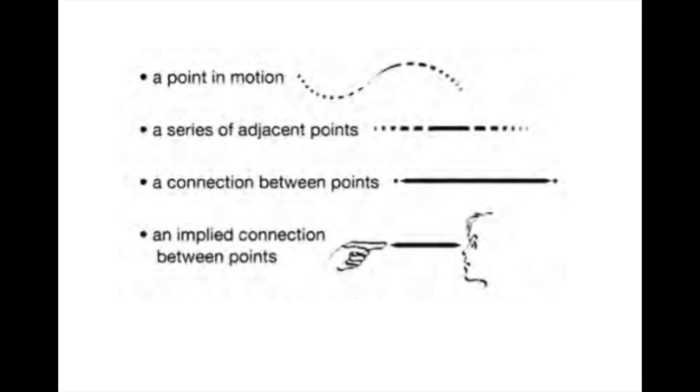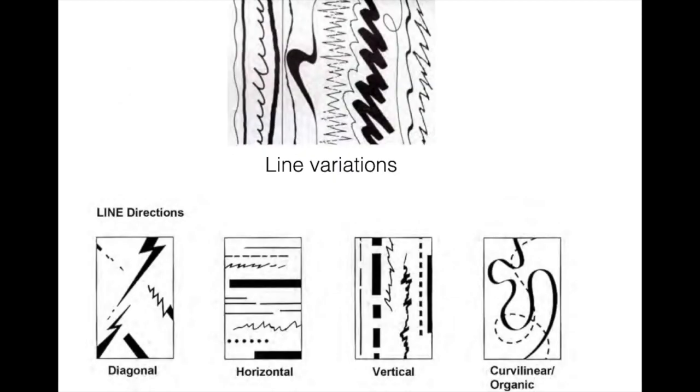So to get started with line, we're just going to cover some basic language. None of this should be new to you guys. It's very basic, but just so we have the same terms that we're using, make sure that everyone's on the same page. So left to right here, we're going to talk about line directions.